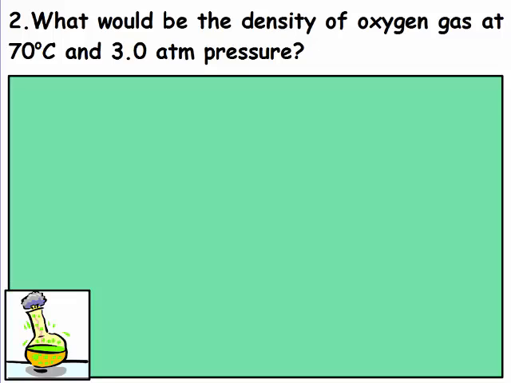One more together. This one says, what would be the density of oxygen gas at 70 degrees and 3 ATM? So I see density, so I know I'm going to be using this equation.